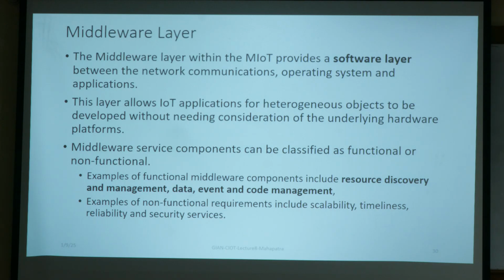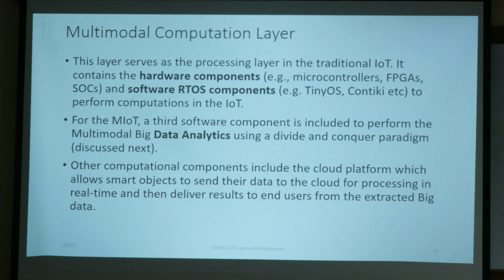So in summary, the middleware layer is a software layer that tries to fill the gap so that you don't need to have hardware, but still you can achieve a lot of management functionalities. And this is the more important thing that we'll be going to discuss soon.